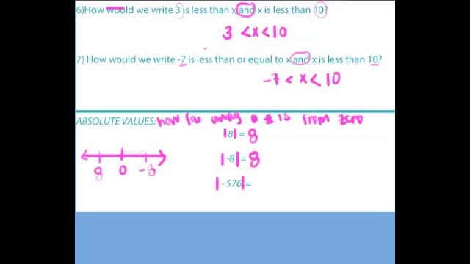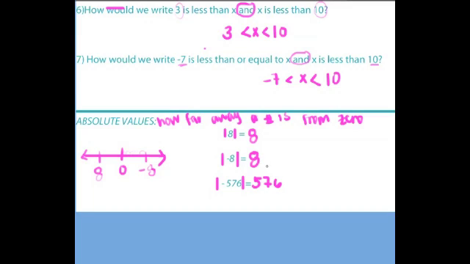I have 576, or -576. Even though this is a negative number inside here, my answer is always going to be positive. No matter what kind of number you put, negative or positive, it's always going to give you a positive answer. And -576 is 576 spaces away from 0. So the final answer for this is 576.